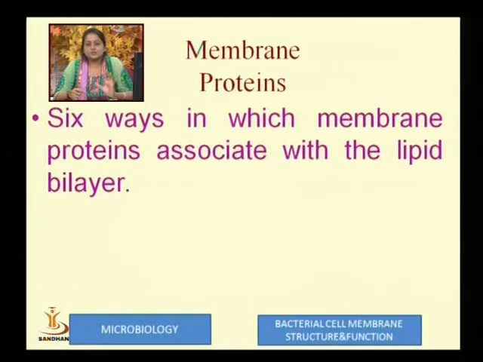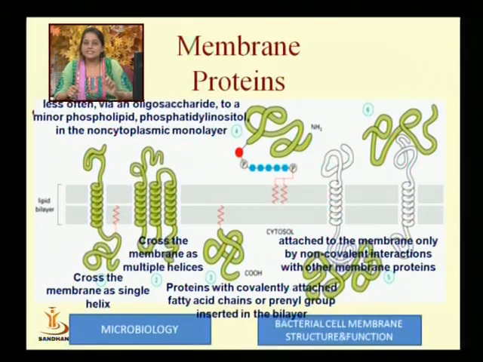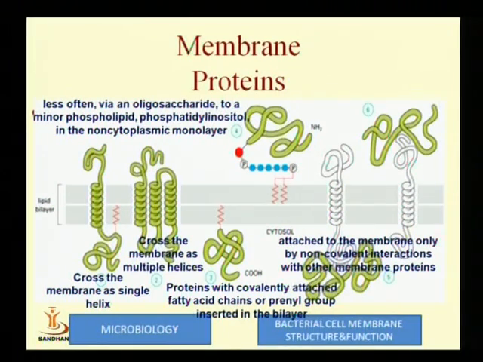Now there are six ways in which membrane proteins are associated with the lipid bilayer. As we can see from the slide, a total of six types are there in the way that proteins are attached with the lipid bilayer. The first one crosses the membrane as a single helix. Second type, crosses the membrane as a multiple helix.